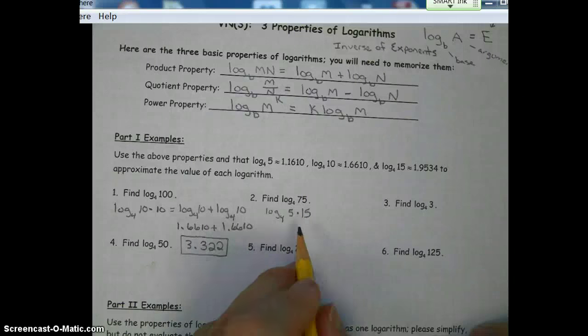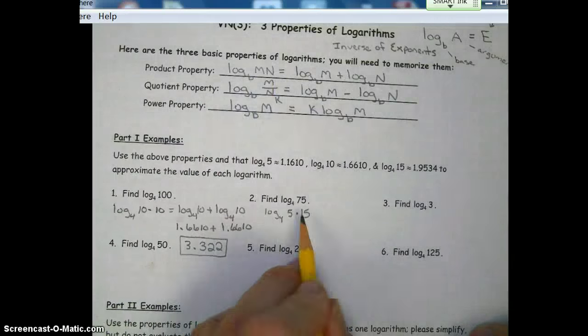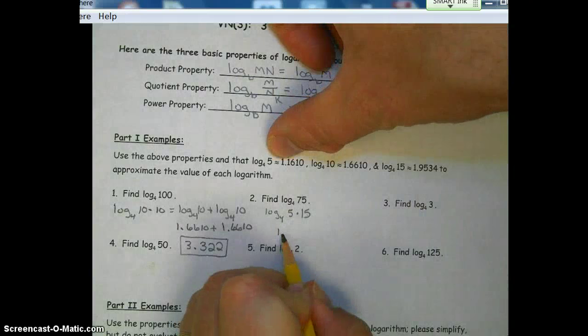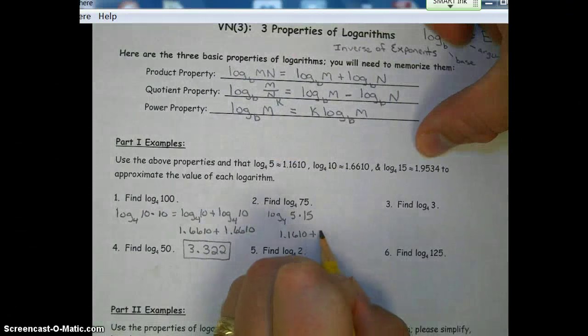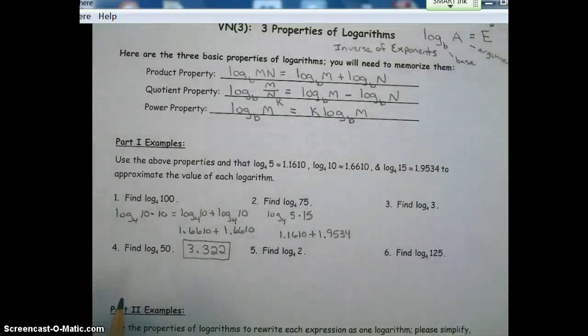And now the rule for multiplying is to add. So we're going to add these two together. So we're going to have 1.1610 plus 1.9534. Adding them up.